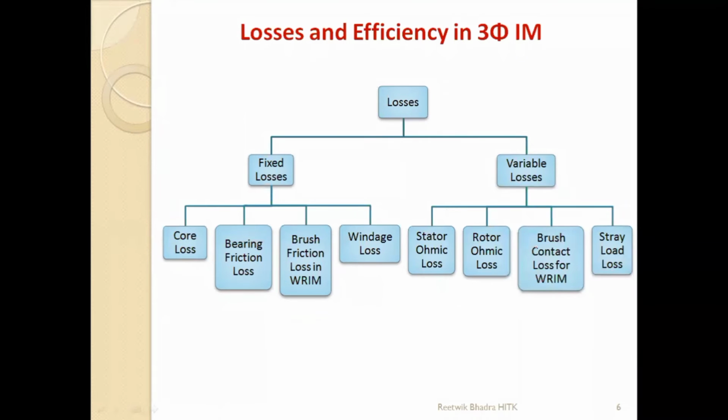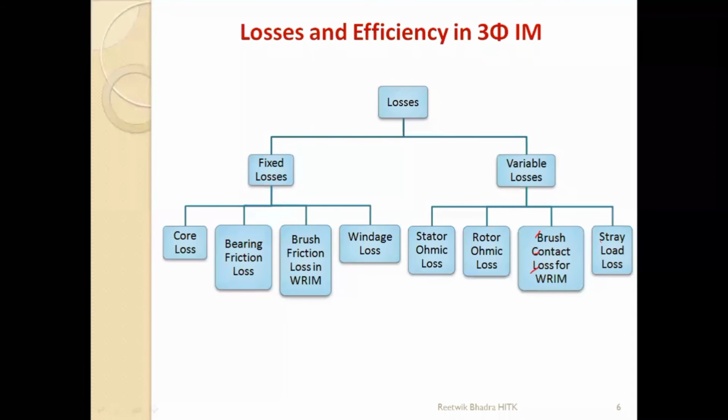And there will be brush contact drops, as you realized in your DC motor, where we take 1 volt per brush, so we do 1 into 2 and subtract that from our main voltage equation. And there are some stray load losses that occur in your conductors and iron materials. These are very hard to calculate, so they are usually considered as some percentage of the main efficiency, and that is how they are subtracted.